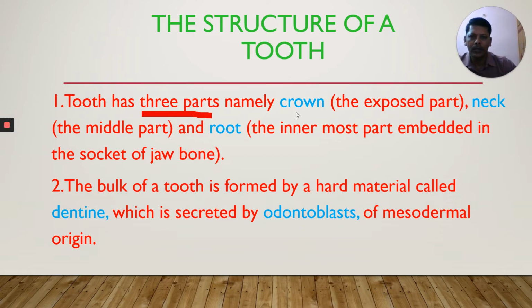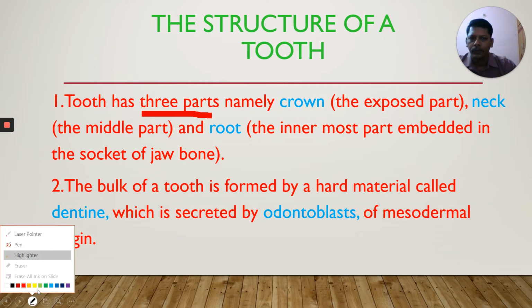A tooth has three parts. What are these three parts? Crown, neck, and enamel. Sorry, crown, neck, and root.